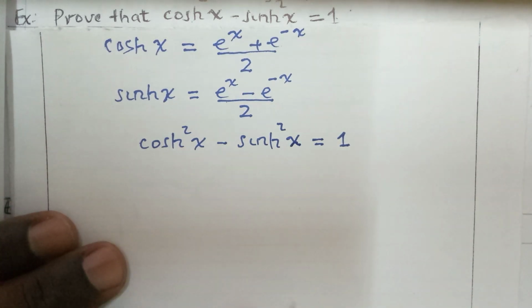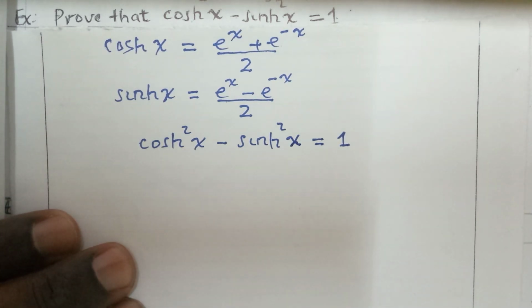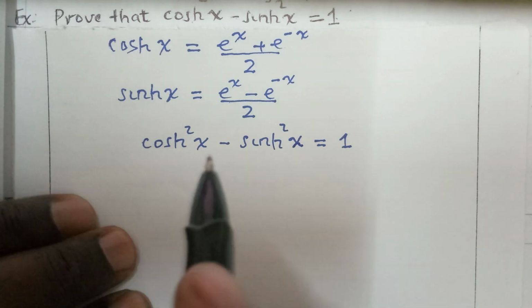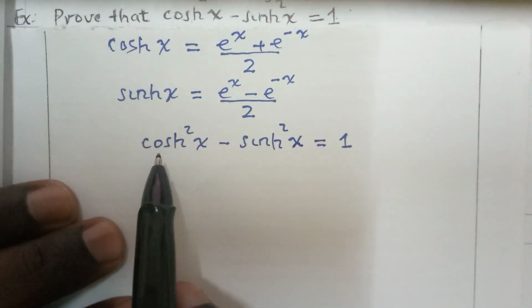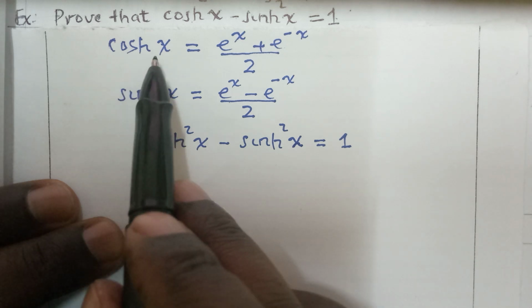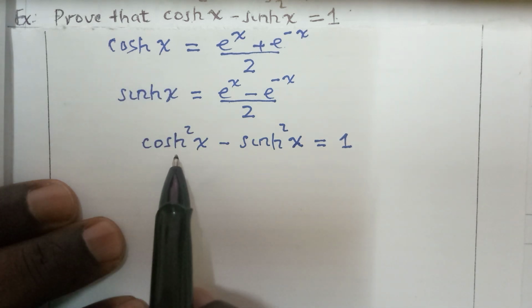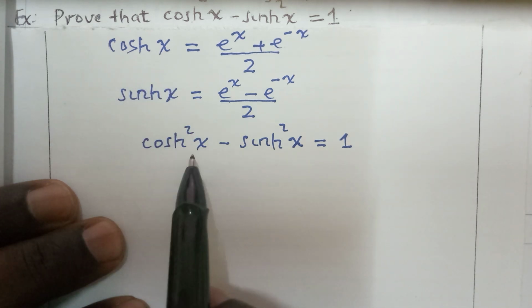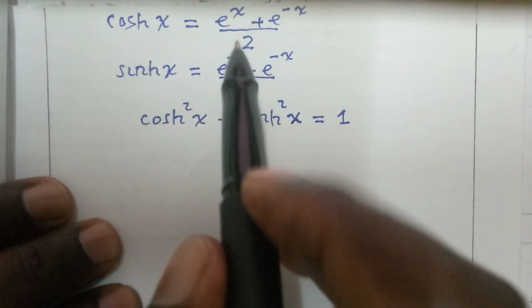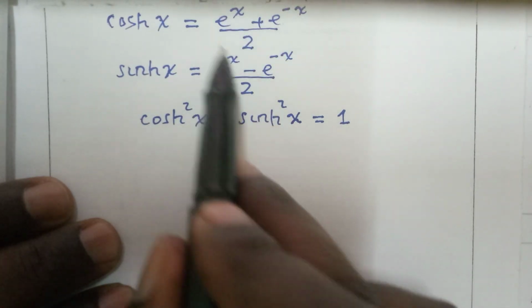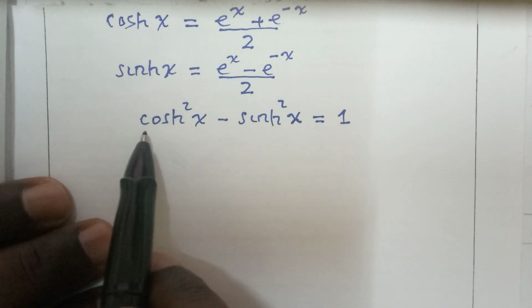I can now start doing the question. Here we have cosh x, and here is cosh squared x. I will now insert these definitions into each of them.